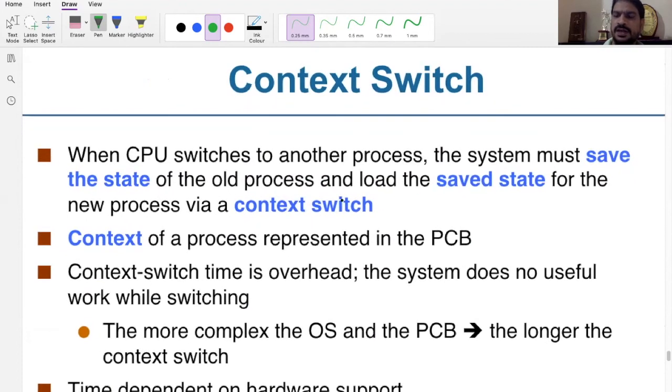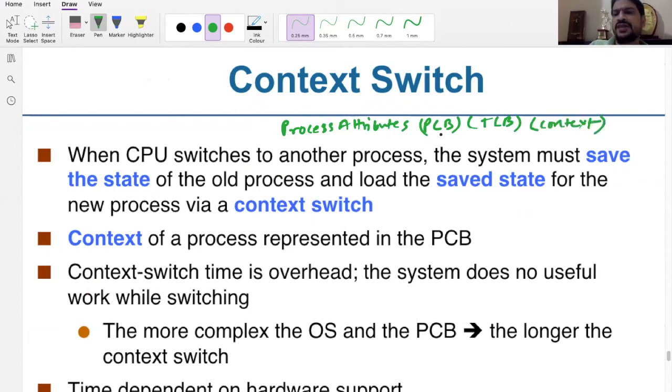And there is a concept of context switching. Yesterday I told you about the process attributes, which are also called PCB, process control block, or task control block, or context.